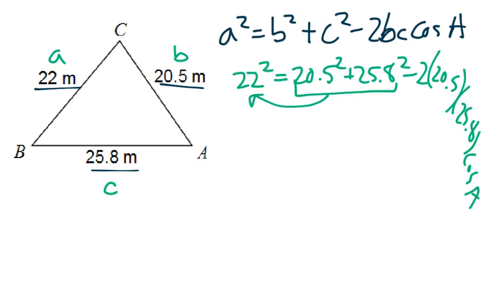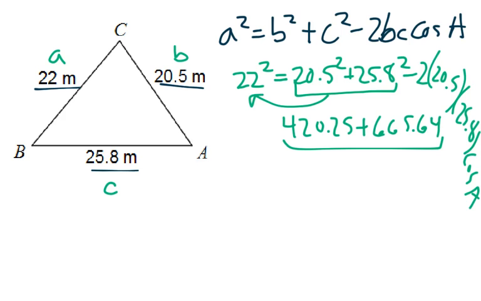So 20.5 squared is 420.25 plus 25.8 squared is 665.64. So add those two together. We get 1085.89 equals, now 22 squared is 484.